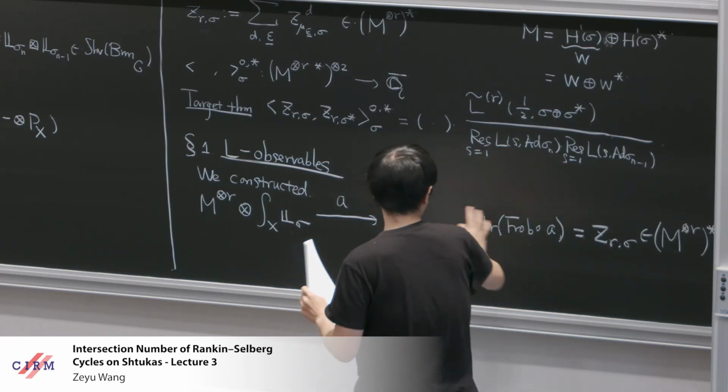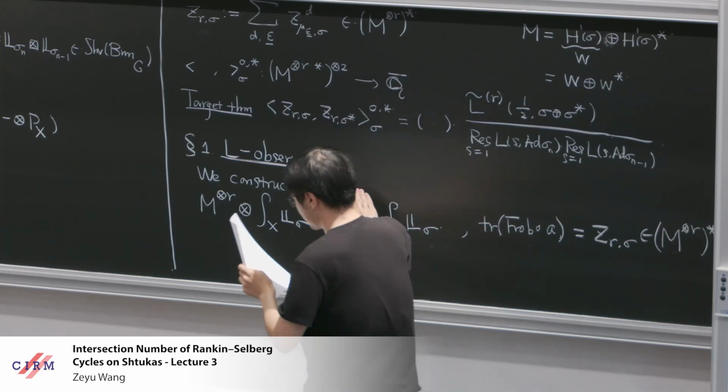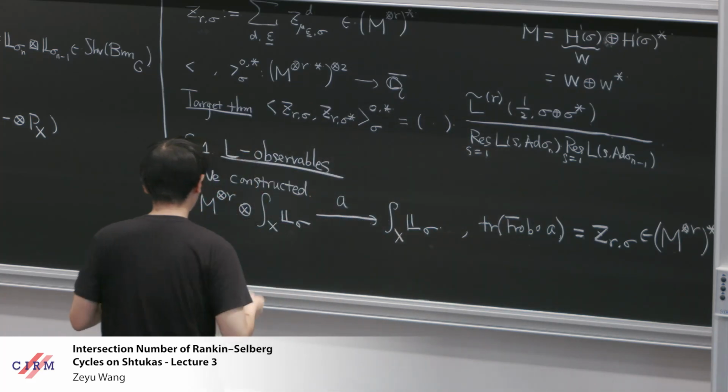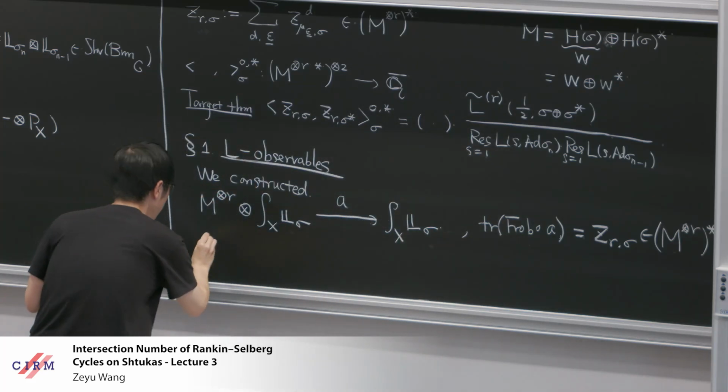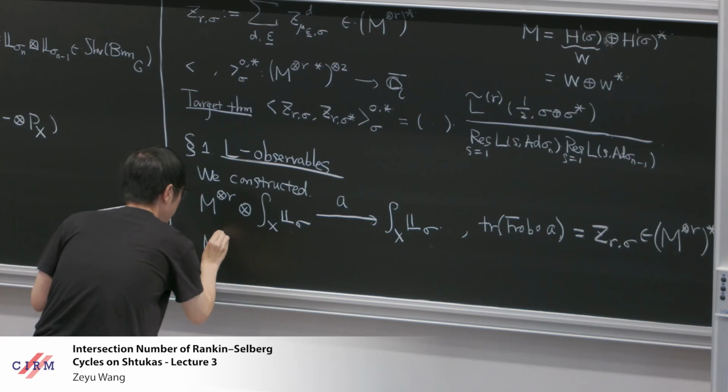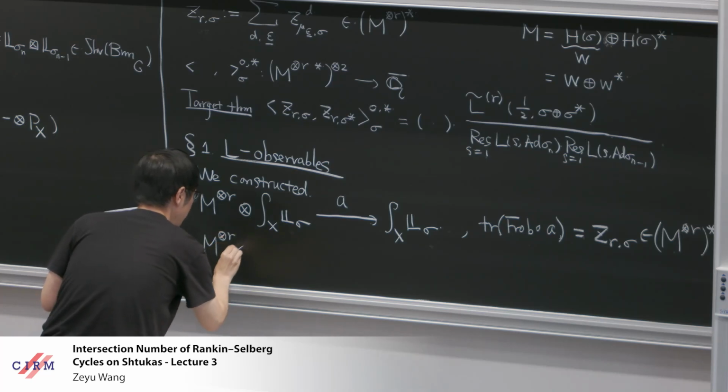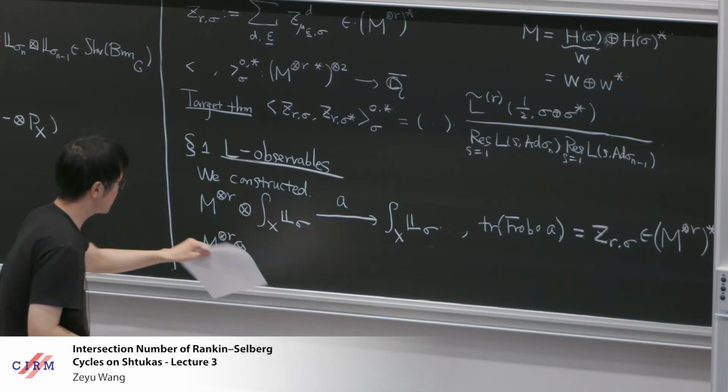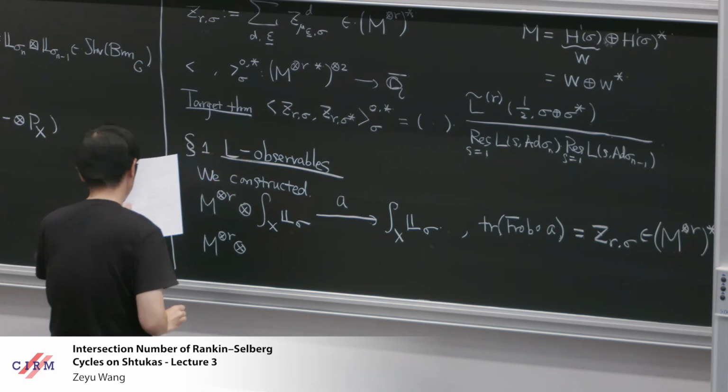So we have this map A, and we have another map B. I didn't write it down because you can use the same method to study the intersection pairing.